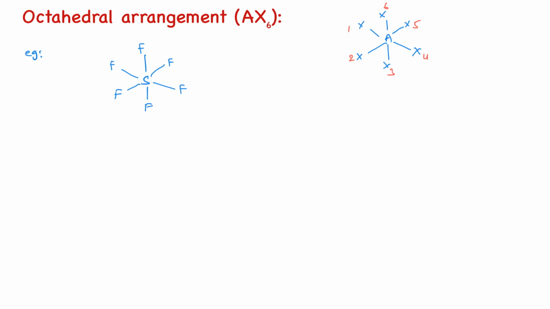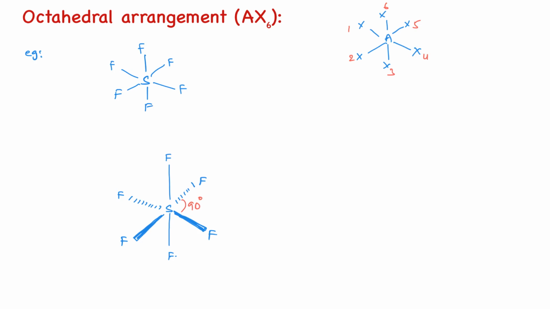Sulfur has 6 single bonds around it and 0 lone pairs. Therefore, the total number of electron pairs is 6. These 6 electron pairs push each other as far apart as possible in three-dimensional space, giving the molecule an octahedral geometry with a bond angle of 90 degrees.